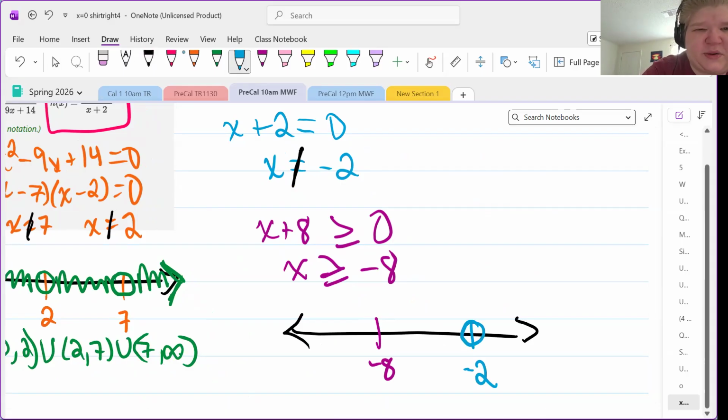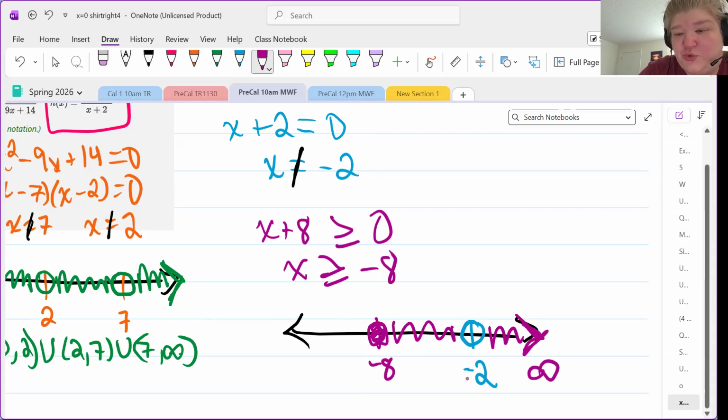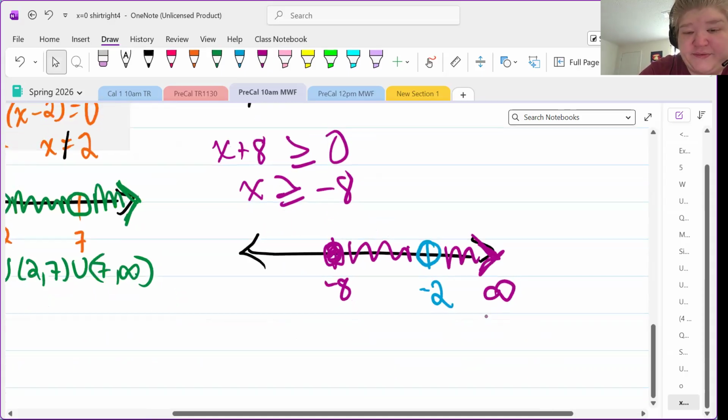We're not allowed to equal that. -8 is a closed circle. But our inequality for the -8 says x can only be bigger than or equal to. So this is everything to the right. But when we get to -2, we're going to have to skip it. So this gives us two regions in our answer.